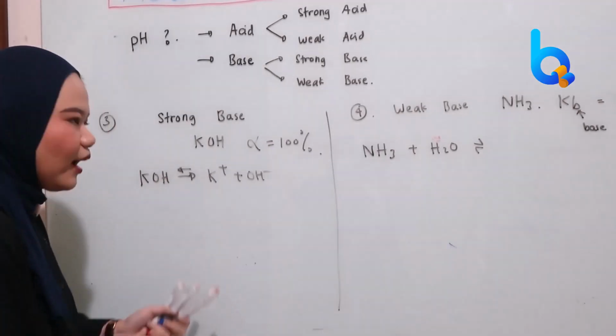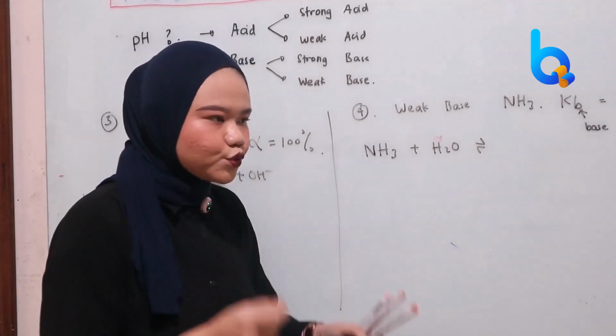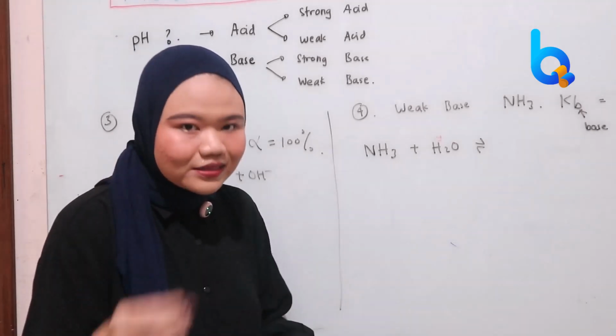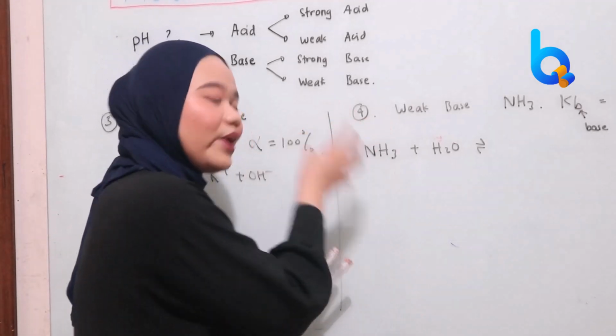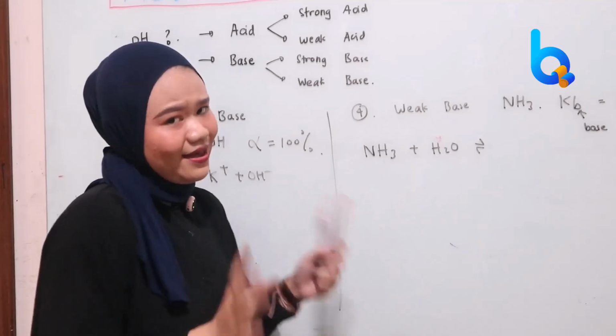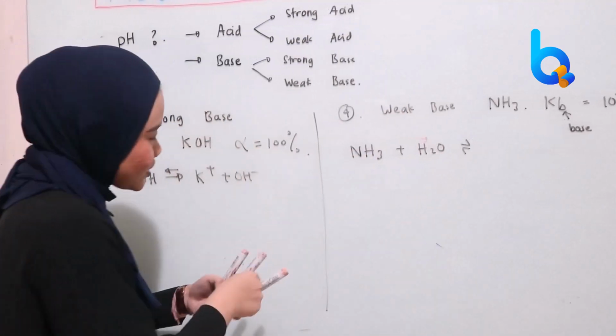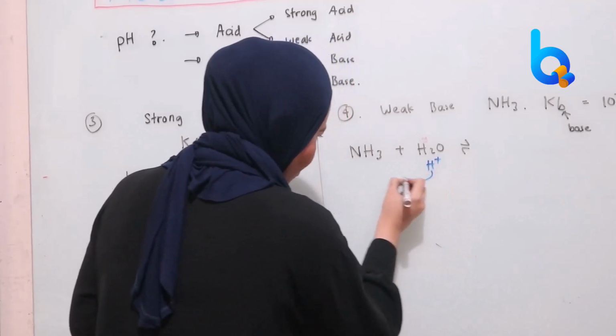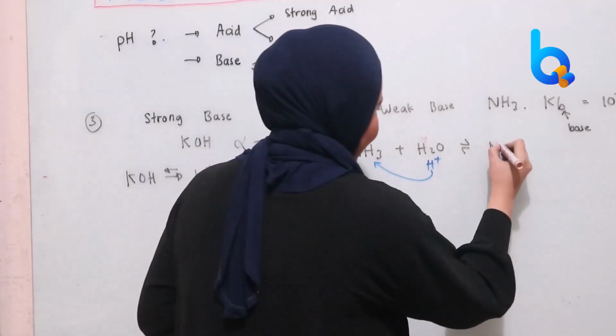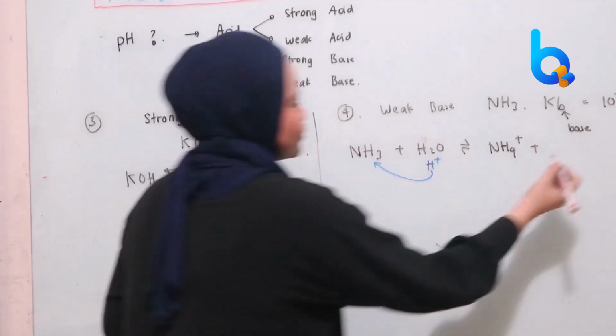You have to remember that in Bronsted-Lowry we have to move H plus from the acid to the base. But in the weak base we only have the base, we don't have an acid. So H2O will be the acid in this equation. So H plus from H2O moves to NH3 to form NH4 plus and leaves OH minus.